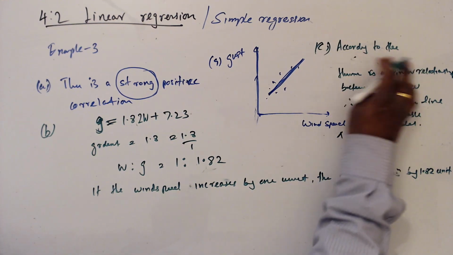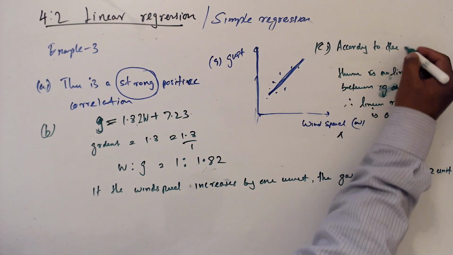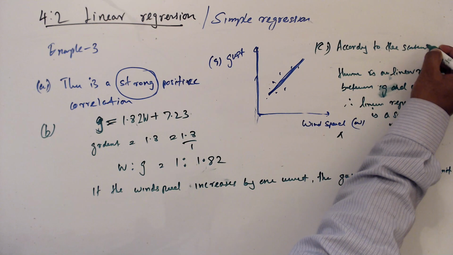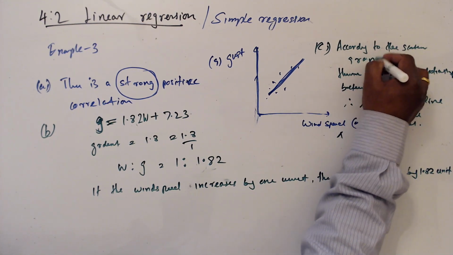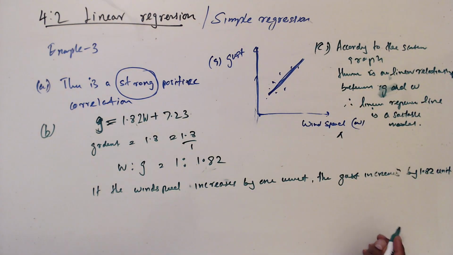There is a linear relation between G and W. Hence, statistical.